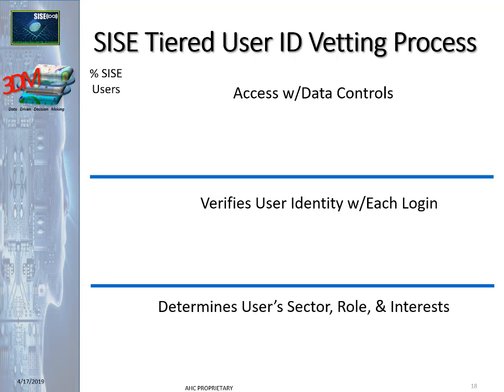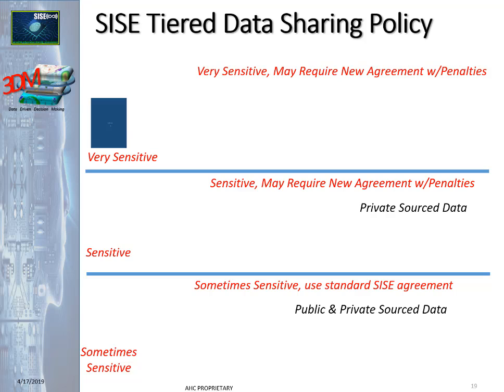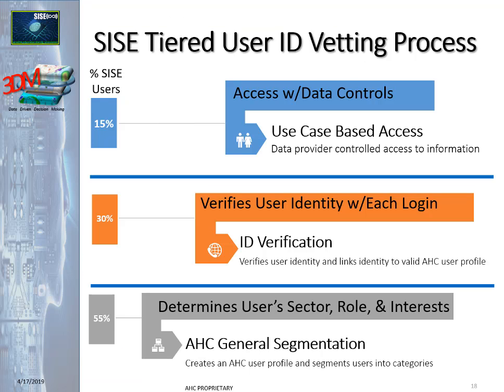Next, we're going to talk about how we tier the users. Users are vetted right now on the bottom tier, which is basically our segmentation process. It is free. It determines a user's sector, role, and interests, and it's basically a general way to categorize users when they register with the SISE.